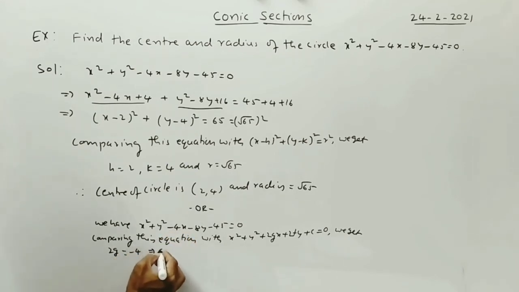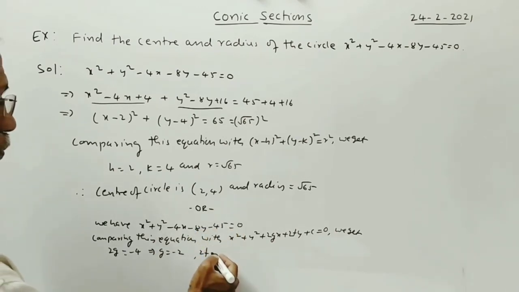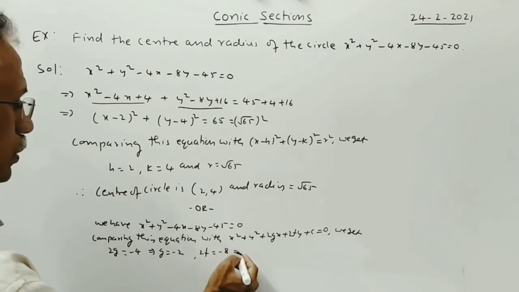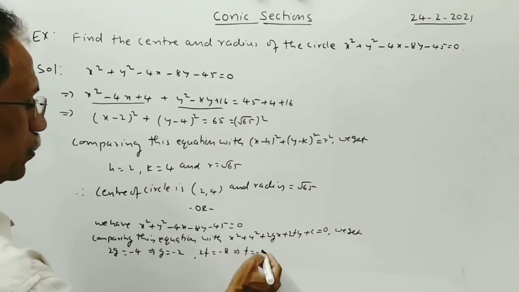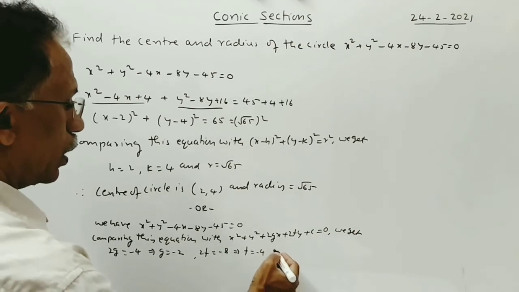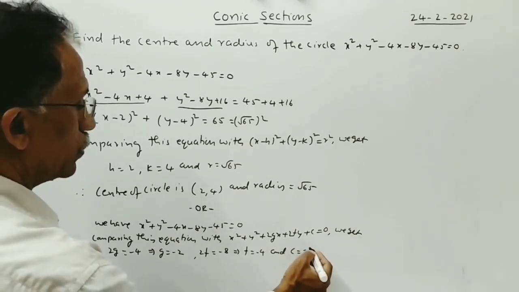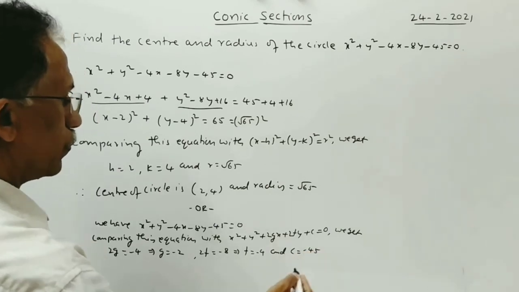This implies g is equal to minus 2. 2f is equal to minus 8. This implies f is equal to minus 4 and c is equal to minus 45.